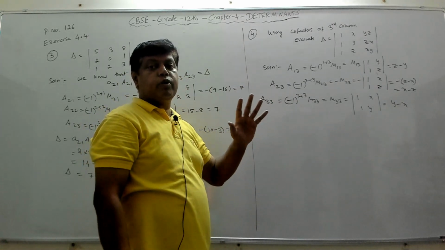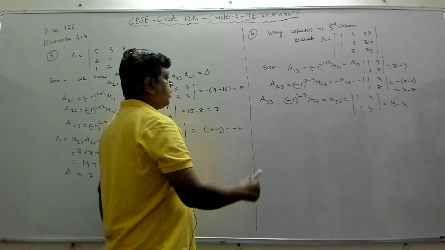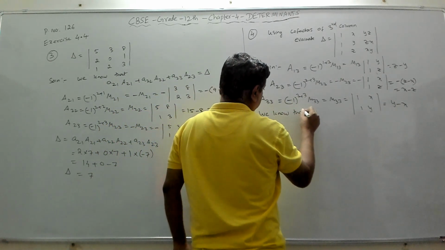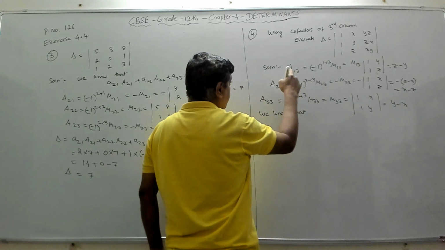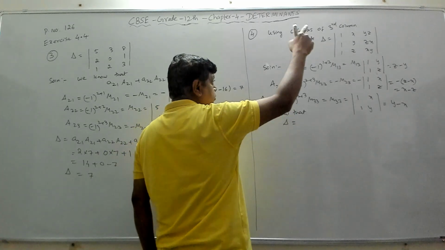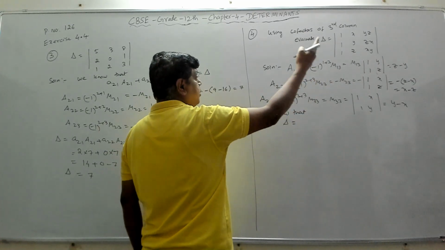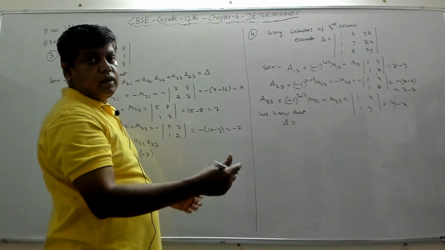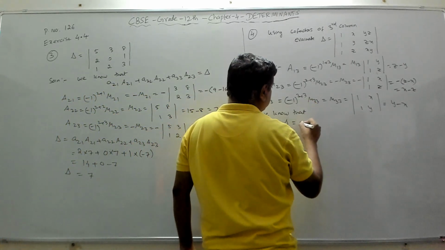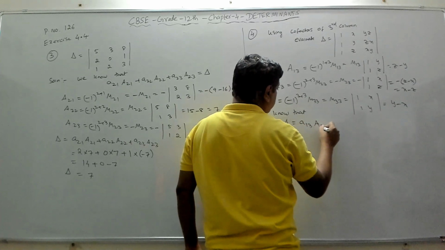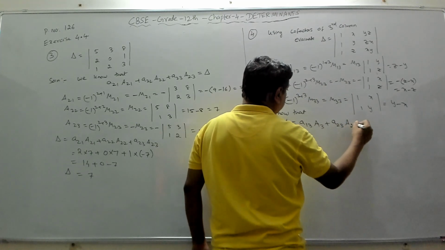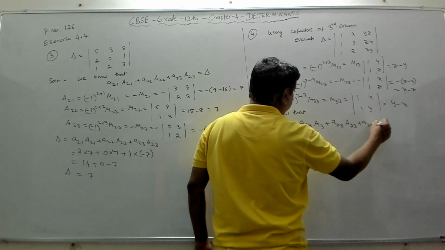Now using this, we have to evaluate the determinant delta. So we know that delta is equal to, if you multiply the elements of column 3 with the respective cofactors and then add them, it will become delta, which means small a13 into capital A13 plus small a23 into capital A23 plus small a33 into capital A33.